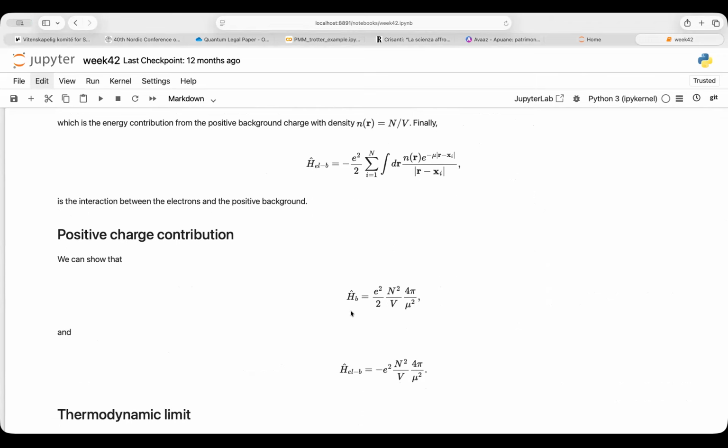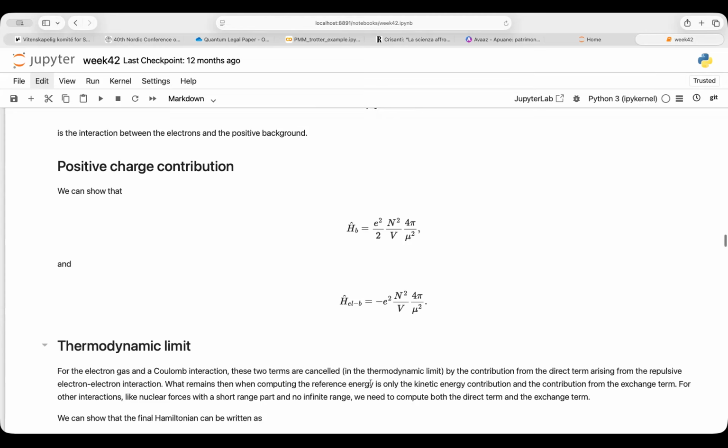And of these two terms, one of them is going to go like N squared divided by V, and the other one is actually going to go like N divided by V. So these two terms are going to cancel the term which we have from the q equals 0 term in the thermodynamical limit.